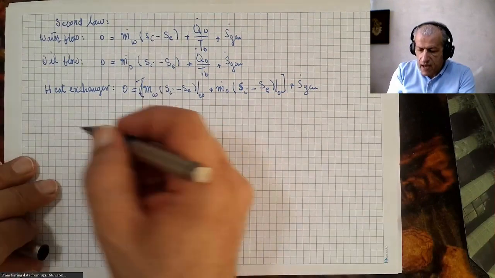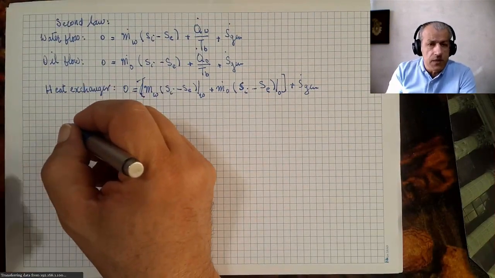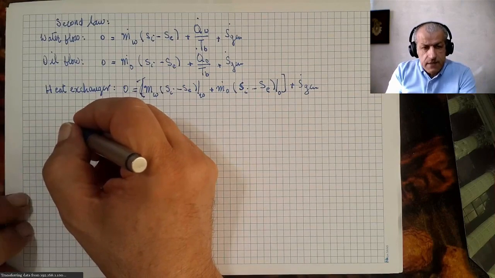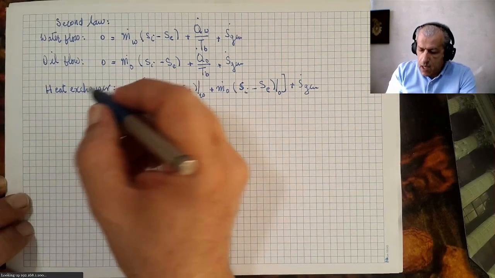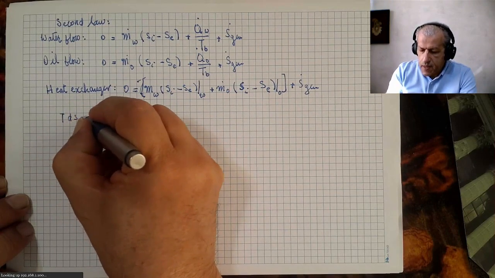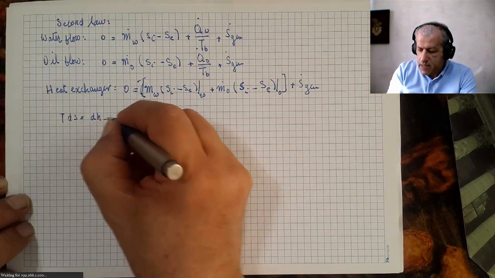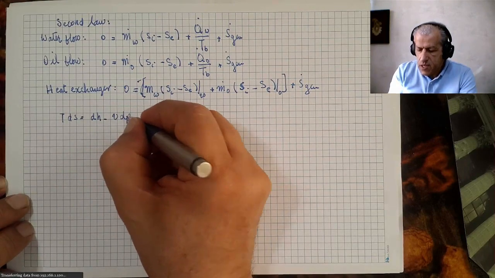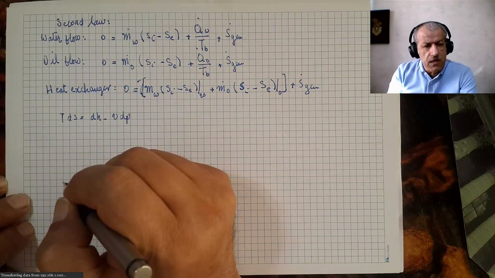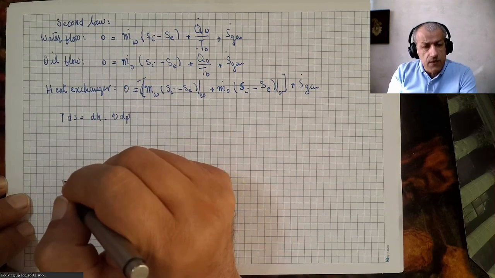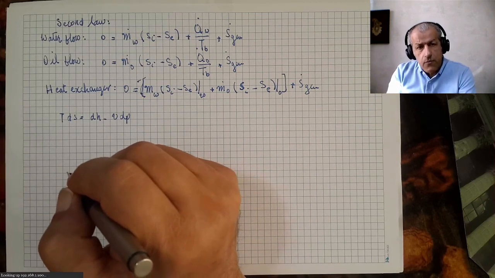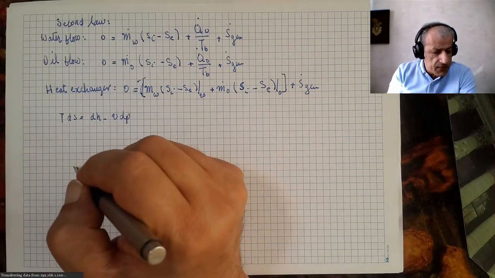The equation we have for calculating entropy, this is a single equation, the second Gibbs equation, and it is TdS equals dH minus vdP. This is the second Gibbs equation, which is very key because this equation just relates entropy to other properties, and that is key for us.